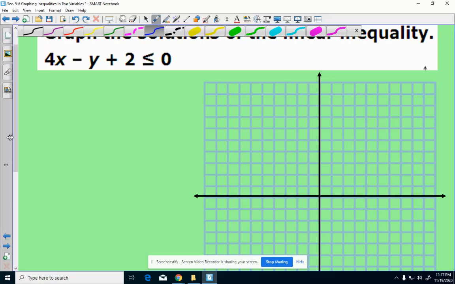Would I just sign change it? If you wanted to, you could flip the whole thing around so you saw the y first. But if you do that, remember, you've got to flip everything. So go ahead and graph that. What do you got? Well, you also have to move the 2. And you don't probably need the 0 anymore now that you have something over there on that side.